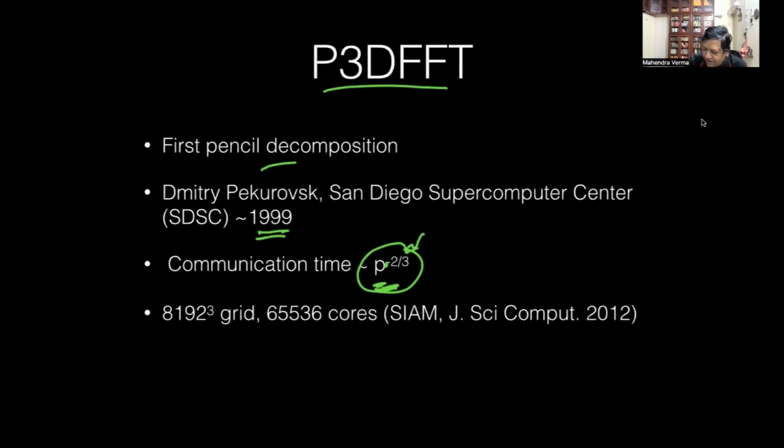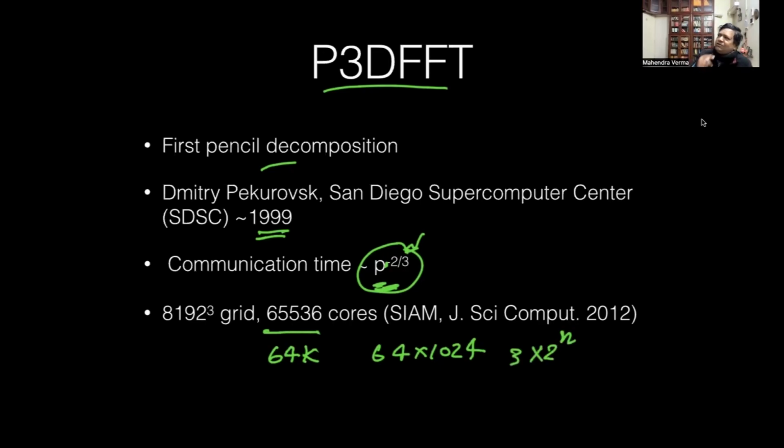Now, they used 65,536 processors. In computer language, we call it 64K, so this is 64 times 1024. If you do that, you'll get this number. Everything is 2 to the power n, most of the time. Sometimes we have 3 to the power n.